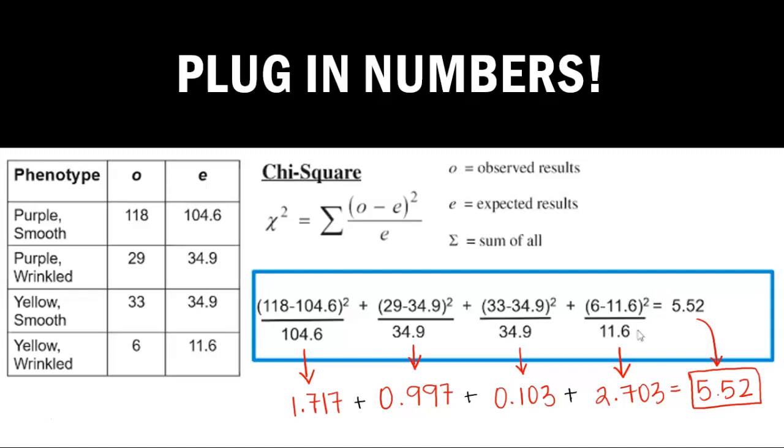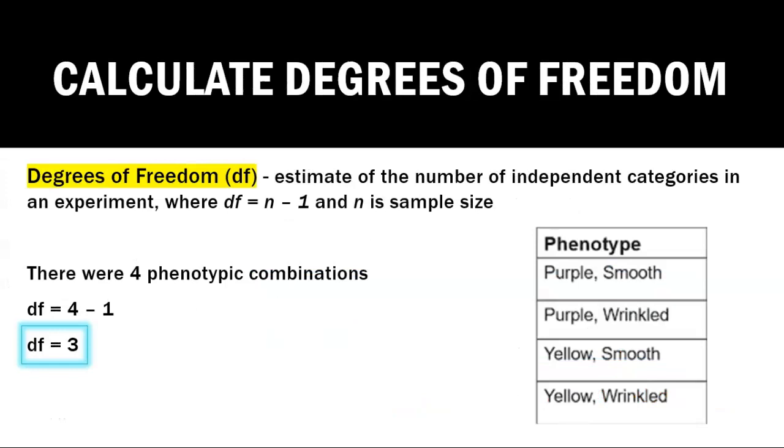But before I do that, I need to figure out my degrees of freedom. And so what are degrees of freedom? Degrees of freedom are the estimate of the number of independent categories in an experiment, where the degrees of freedom equals n minus 1. And remember, n is just your sample size. And so looking at my phenotype, what was my sample size?